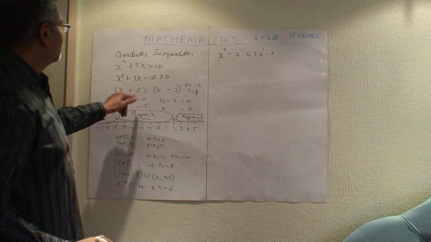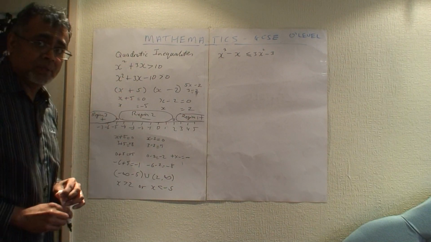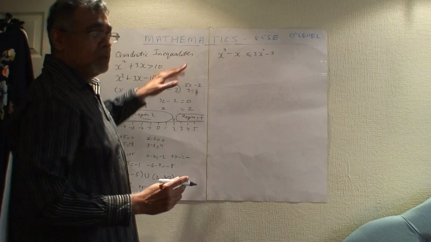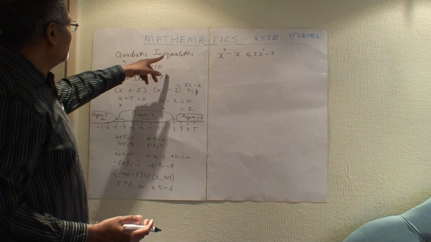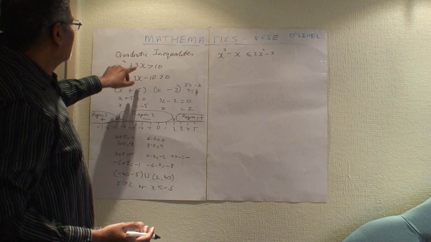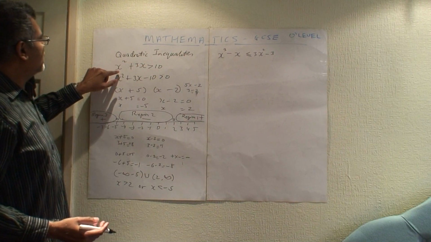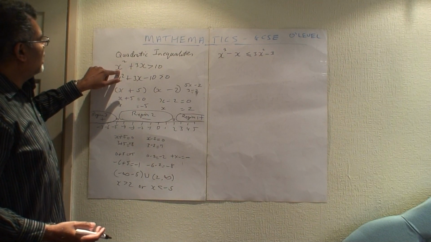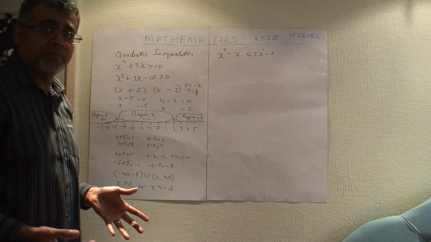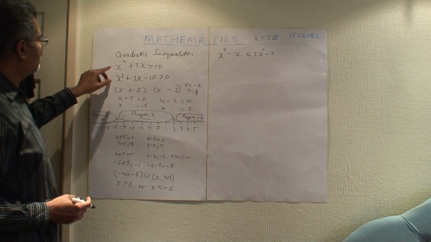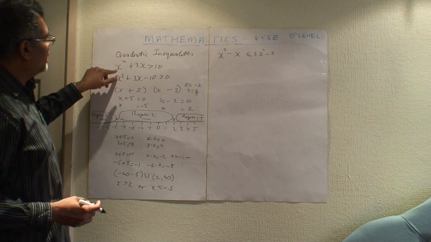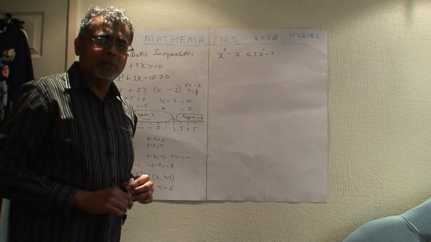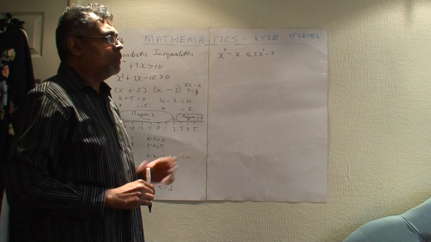So that is how it's represented, and that is how you do a quadratic inequality. Now, for our second example, we know, like I said before, that quadratics normally start with x squared. You may have a coefficient of 2, 3, 4, but normally you will get an x squared. This time we have an x cubed.